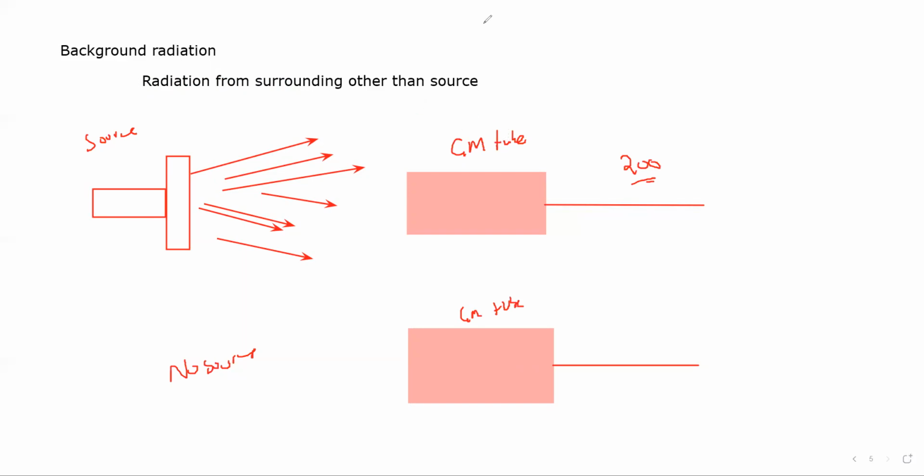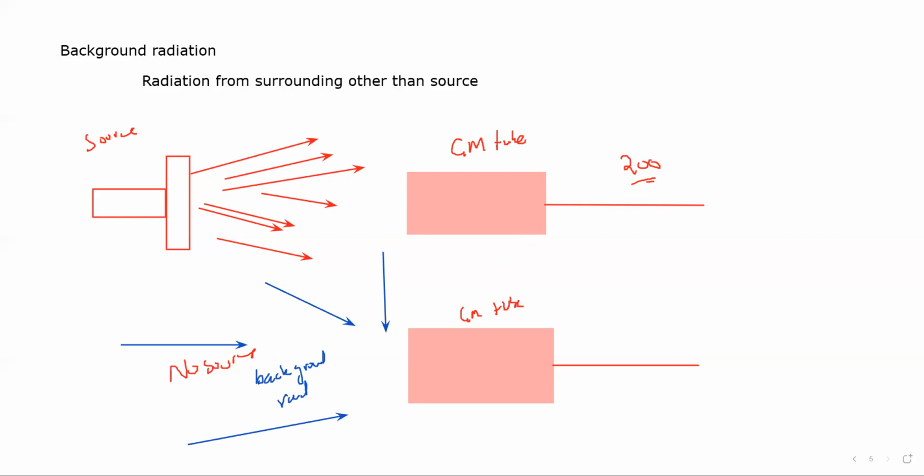Because in our atmosphere, in our surroundings, there are also radiations. These radiations are not coming from the source but from the surrounding, and they are known as background radiations.